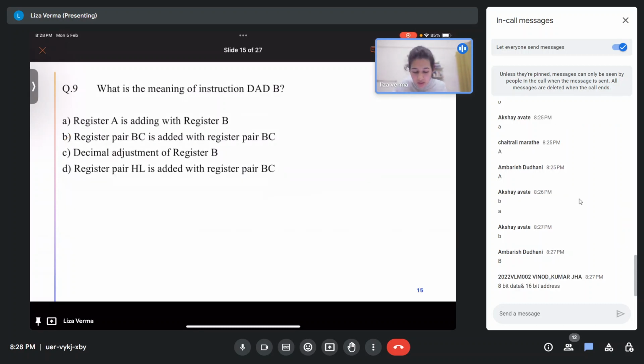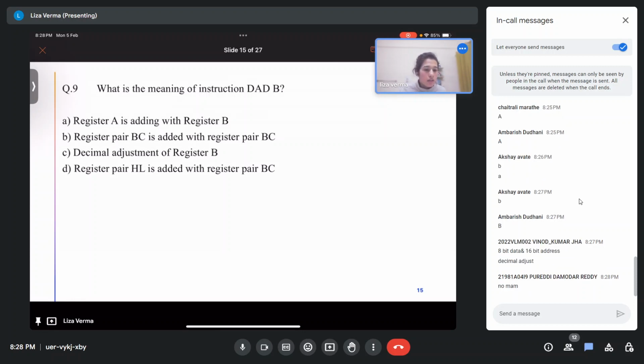What is the meaning of the instruction DAD B? I don't know if this was discussed or not, but does anyone know what DAD B is? Answer D, ma'am. D?